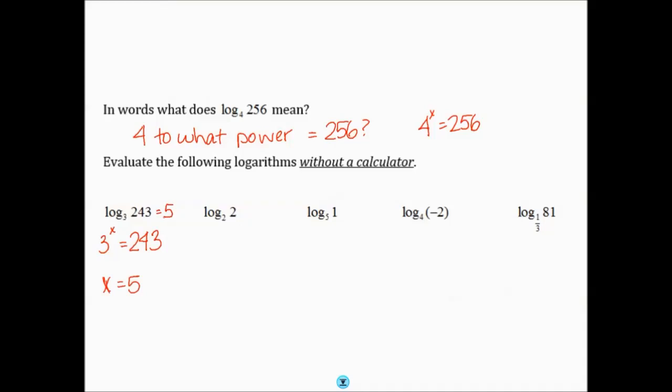Log base 2 of 2 means 2 to what power equals 2? Well, that would be 1. Log base 5 of 1, that means 5 to what power gives us 1? Well, hopefully you remember that anything to the 0 power equals 1.